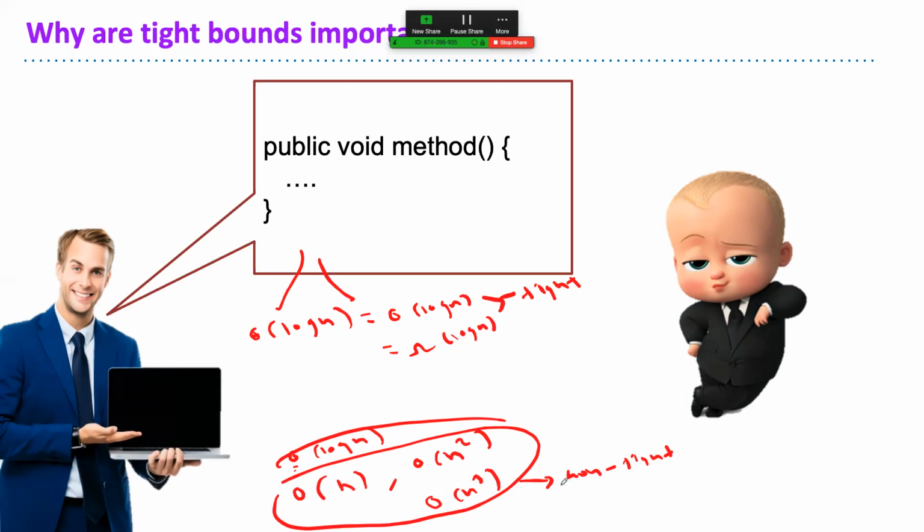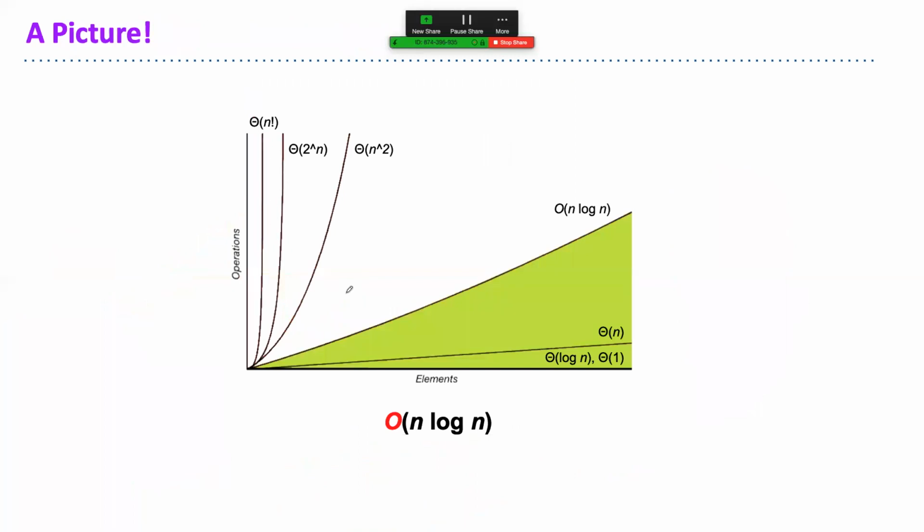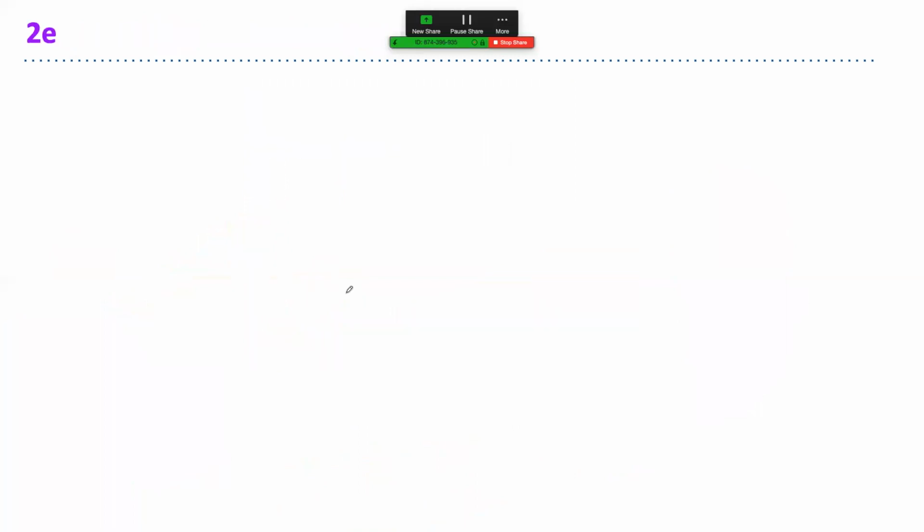You could technically say this, but it is not accurate in terms of the efficiency of your code. So we want to give out the tight bounds when we're talking about code performance.